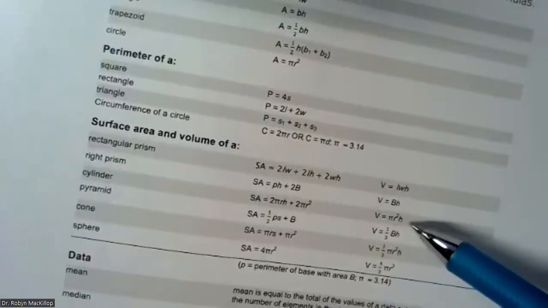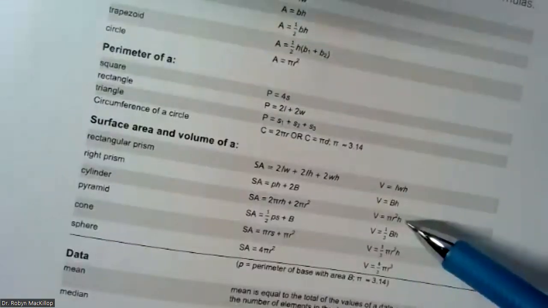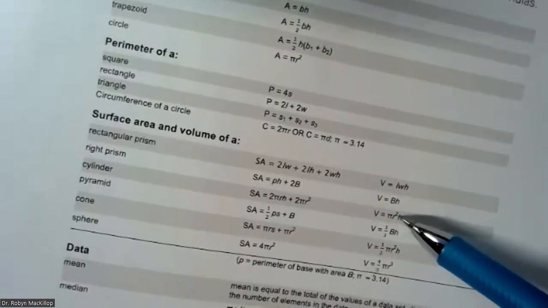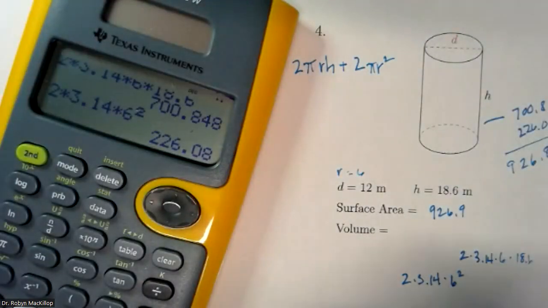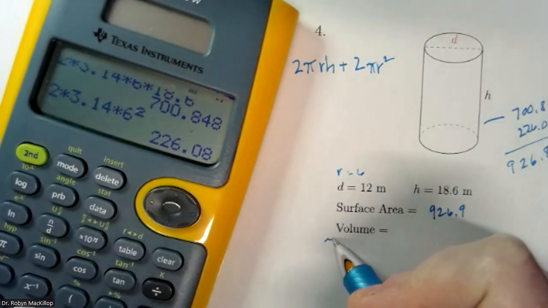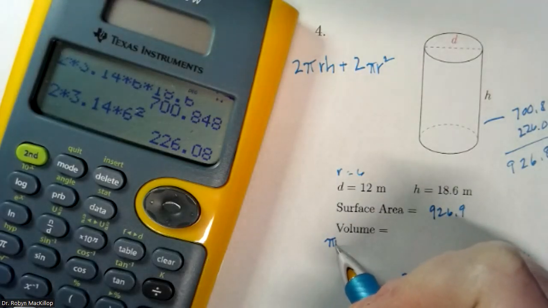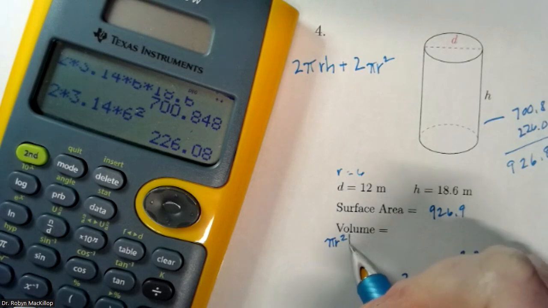Let's try volume of a cylinder. Oh, not bad. This is a much better one. Pi times radius squared times height. So volume is pi times radius squared times height.